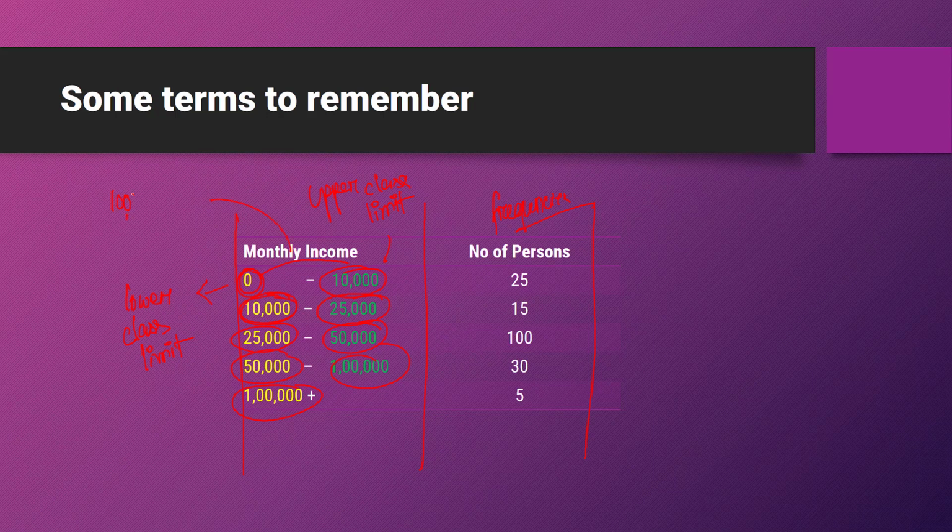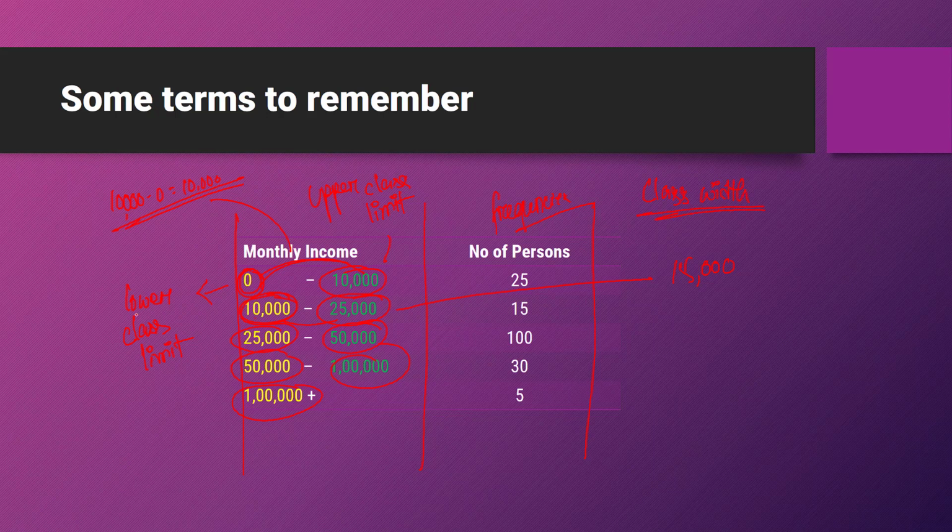Between 10,000 and 25,000, the difference will be 15,000, right? So these differences are called class width.